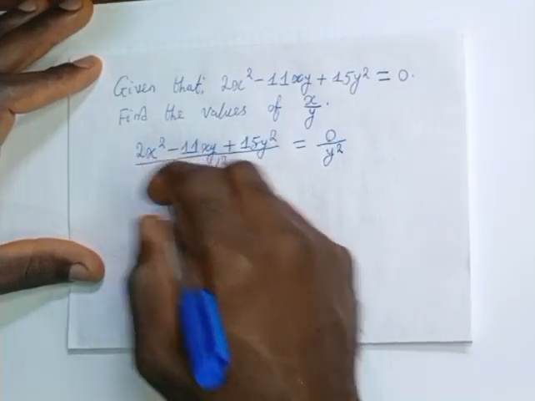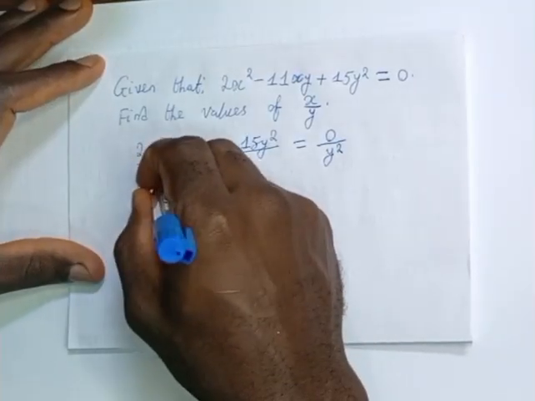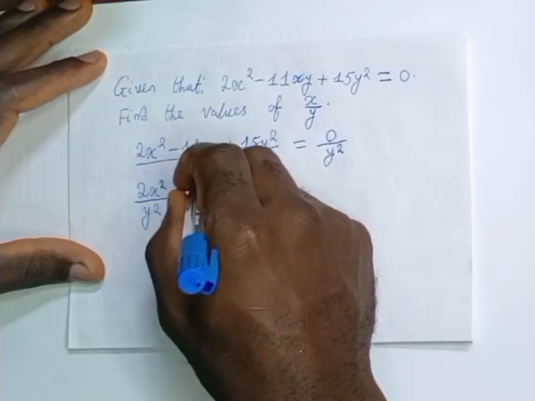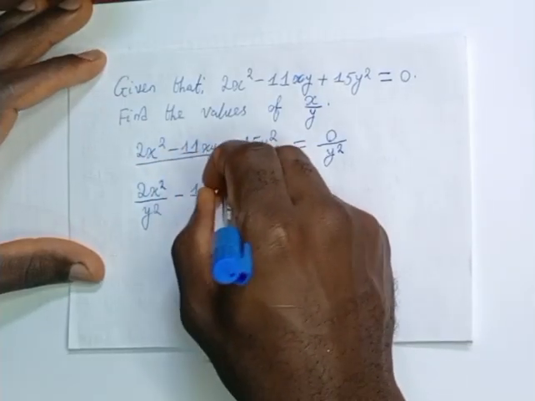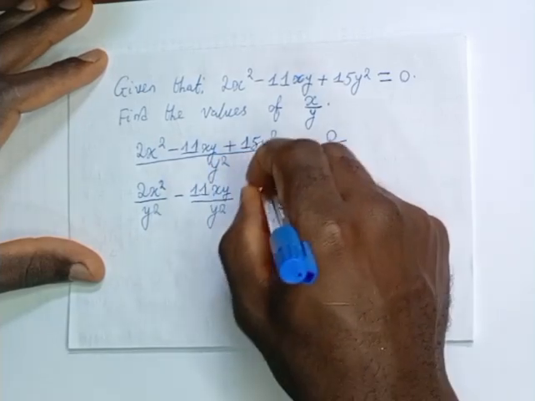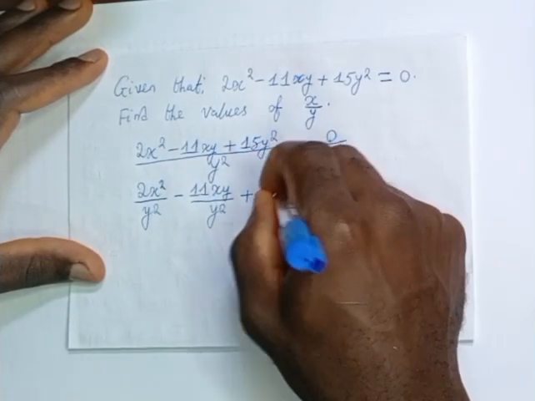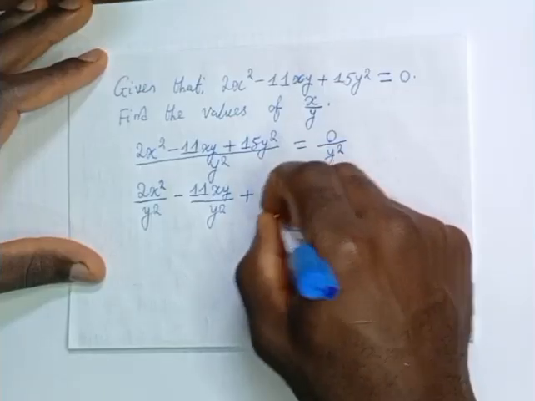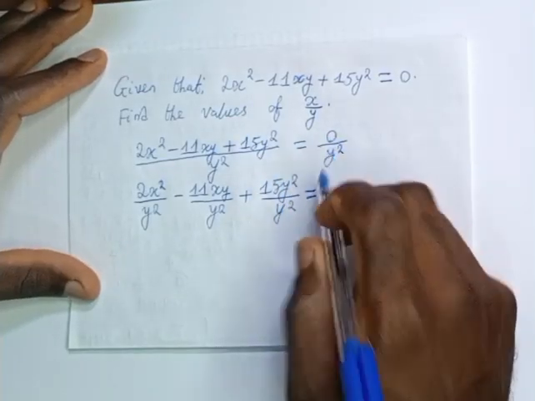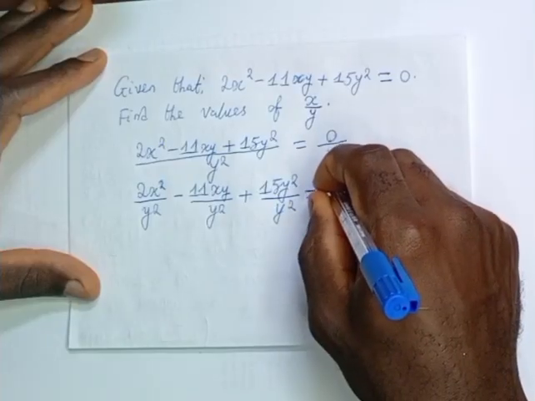This will give us, at the left hand side, we are going to break this as 2x² all over y² minus 11xy all over y² plus 15y² all over y² is equal to 0 over y², which gives us 0.